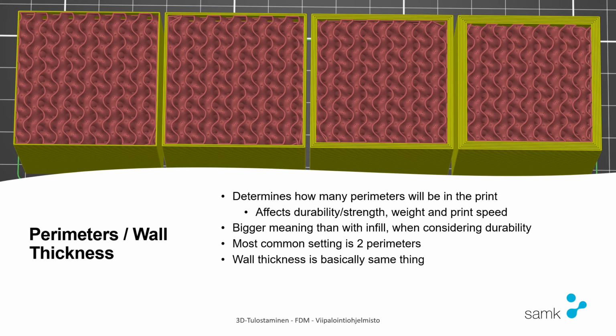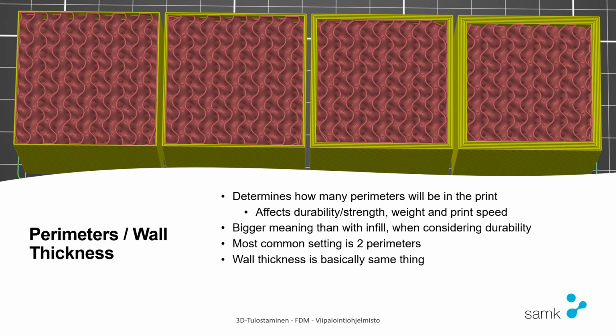So this is basically a bigger deal than infill because it affects the outer surfaces of the part. So if you are willing to sand, for example, the part after printing, you should use more than 2 perimeter walls, because then you will have room to use sandpaper to smoothen the surface.